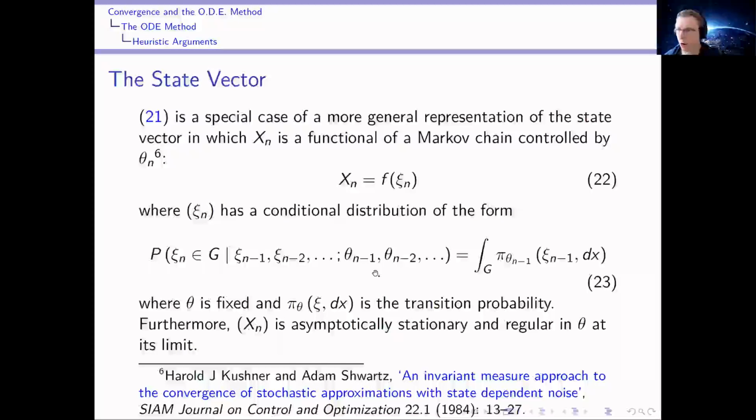So 21, the previous equation of state, is based on linear dynamics, and it's a special case of a more general representation of the state vector in which x is a function of a Markov chain which is controlled by the parameter. So here we introduce chi, which is an extended state, which is also Markov, and chi captures the nonlinearities of the system.